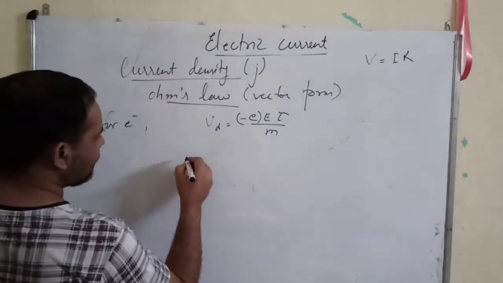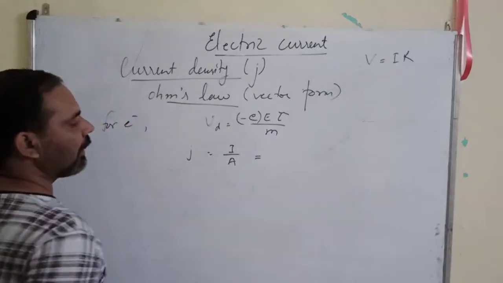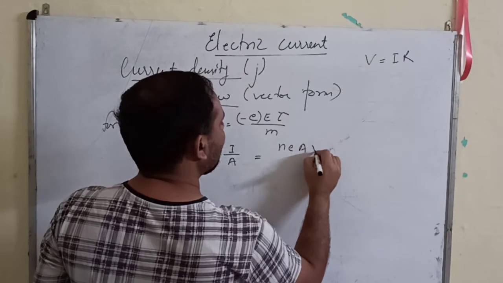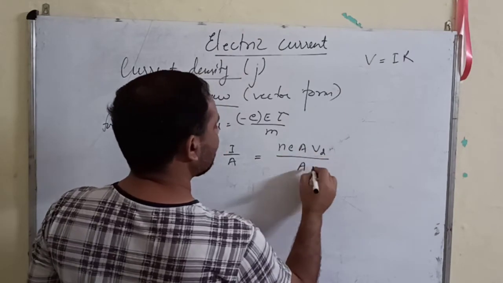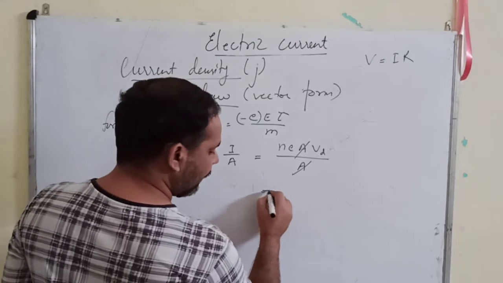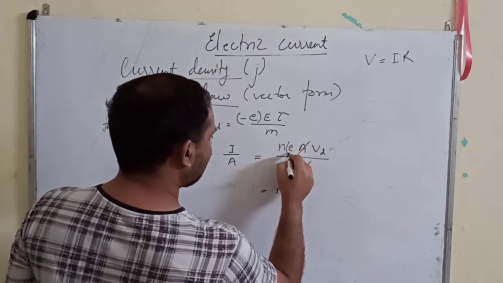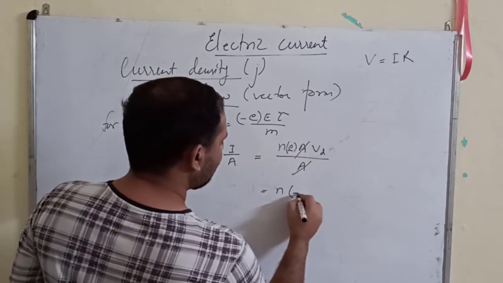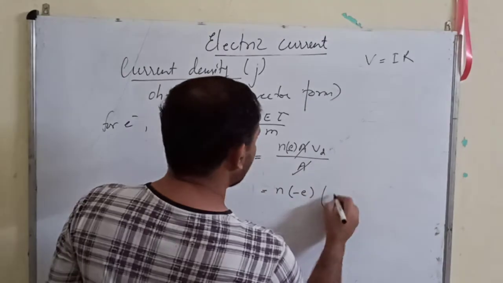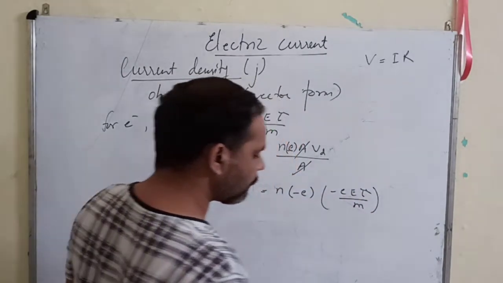Now what is the value of J? J equals I upon A, and I is equal to nAe Vd. A and A will get cancelled and you get n. We have not kept the minus sign here. n times minus e times Vd, and Vd is equal to minus eE tau upon m.